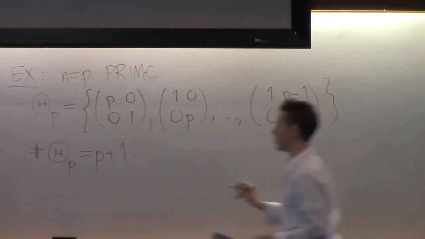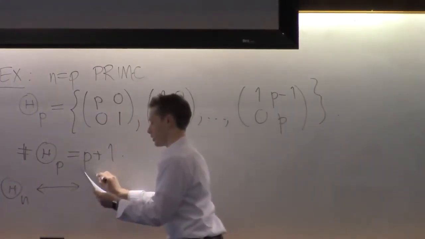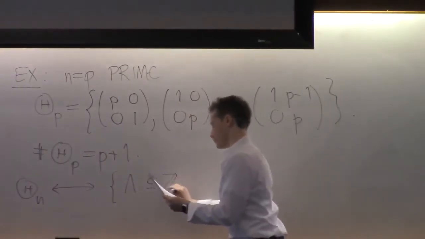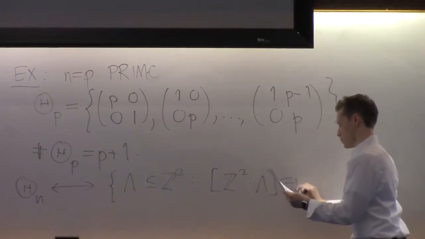Another way to think about this set Theta n is that it's naturally in bijection with the set of lattices of index n.